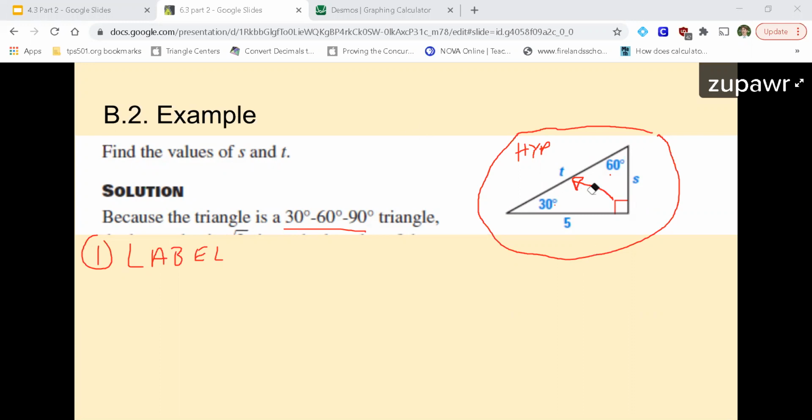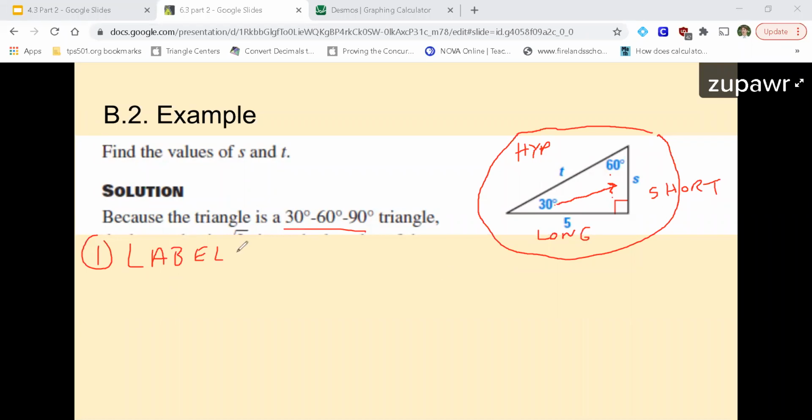S. The S, that's exactly right. It is the one opposite the shorter angle. And just visually looking at it, it looks shorter, right? So this is the shorter leg. And this is the longer leg then.